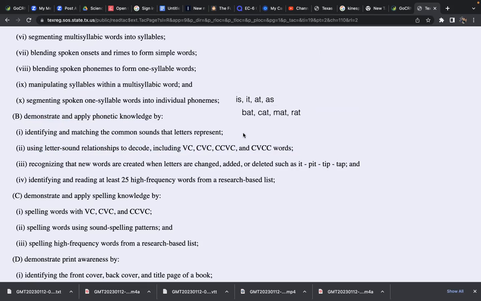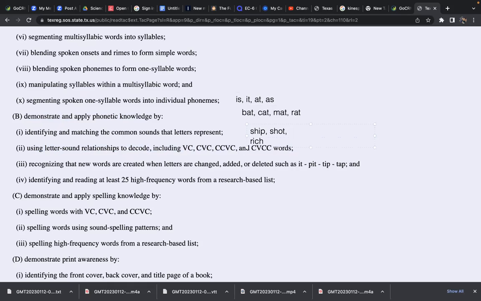CCVC, consonant, consonant, vowel, consonant. Ship. Shot. It looked like I was going to write the S, the shiznit word, but I wasn't. Ship, shot. And then the consonant, vowel, consonant, consonant words like rich.